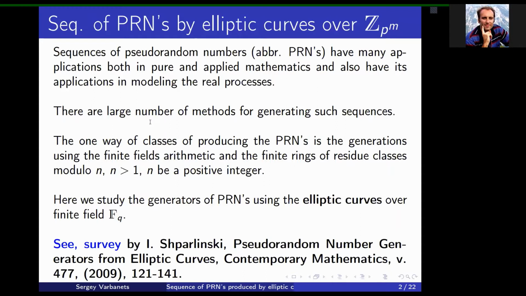So we study generators of pseudorandom numbers using elliptic curves over a finite field. A good start to study the generation of pseudorandom numbers using elliptic curves is the paper of Igor Shparlinski that you can see on this slide.